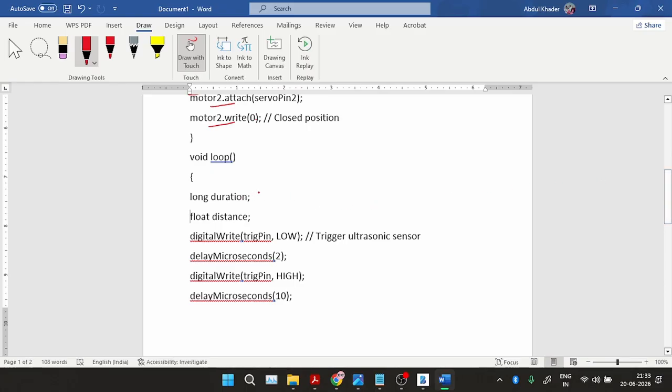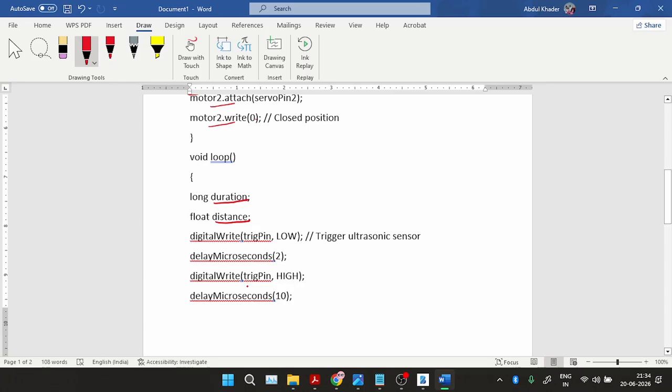I have defined a variable for calculating the time, and I have defined a variable for calculating the distance. Whenever I start the timer that is connected to the trigger pin, before that, I don't want the trigger pin to be high.